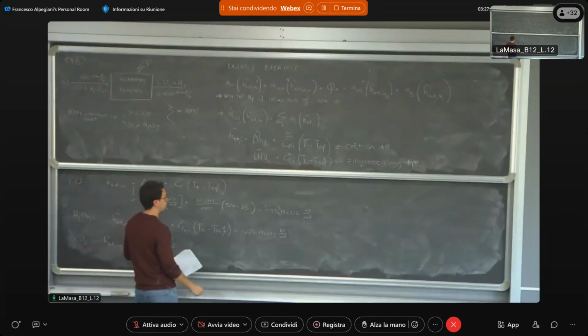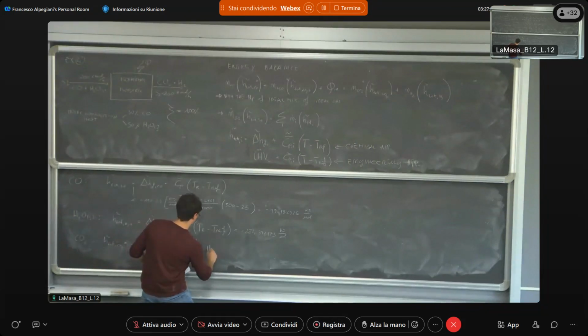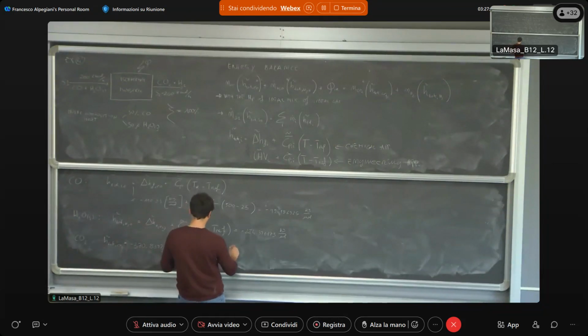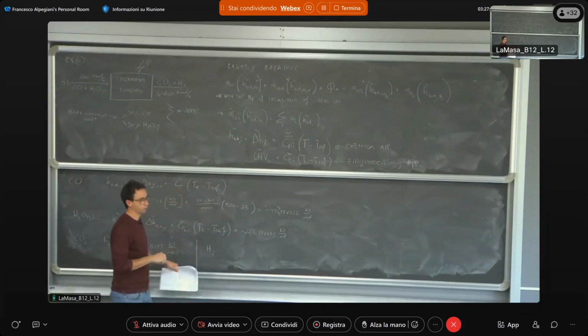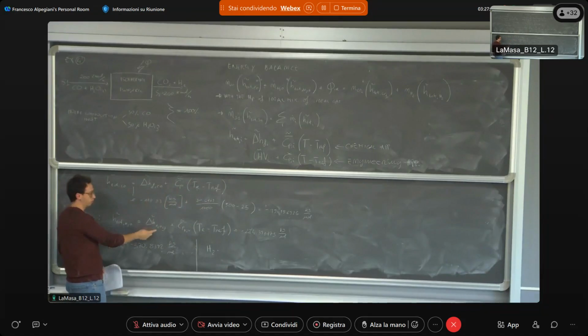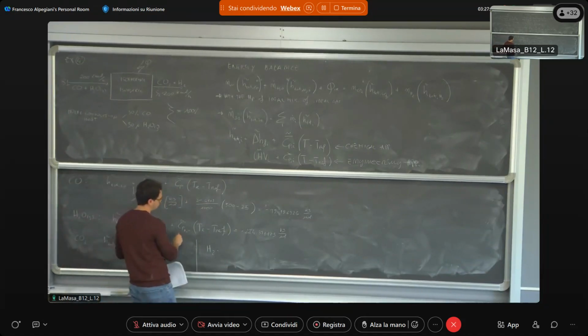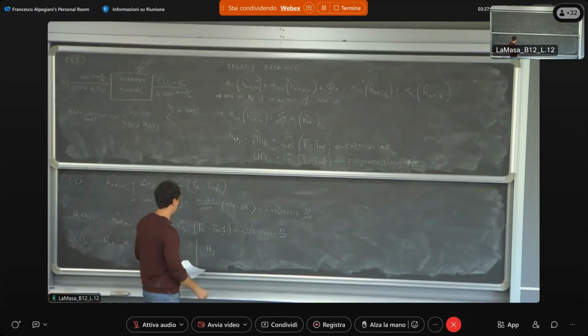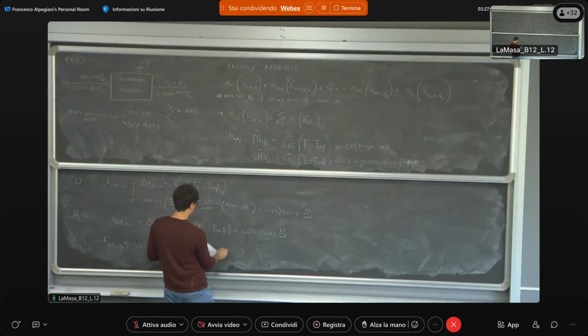And for the hydrogen, the enthalpy of formation for the pure species with a chemical approach is 0. So delta H will be 0, and you will have only the contribution due to the enthalpy of the fluid.